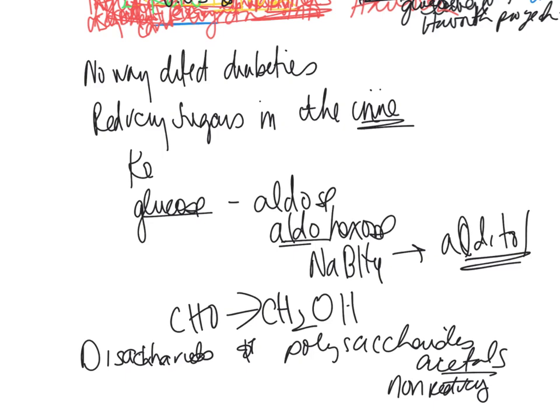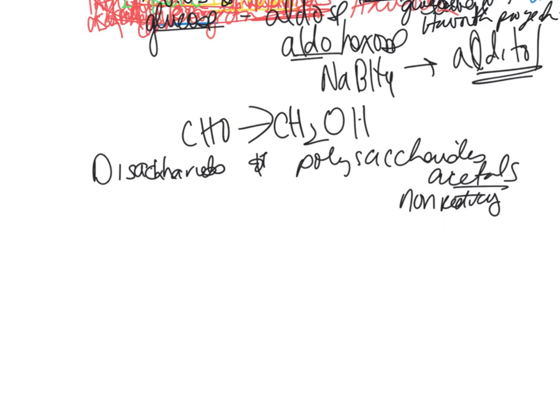Okay, so we've talked about, the last thing we need to talk about is being able to name the glycosidic bond. So we want to talk about the glycosidic bond. And so let's look at a disaccharide.